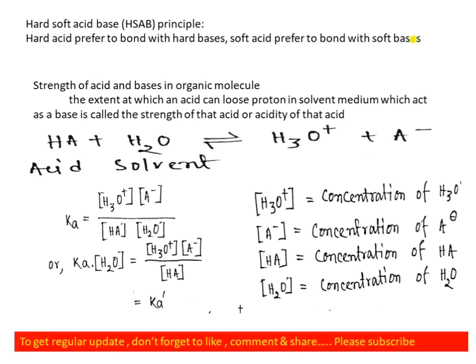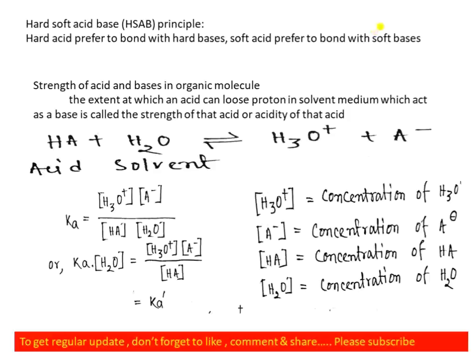The rule for writing Ka is putting the concentration of the product molecules in the numerator and the reactant molecules in the denominator. Here, [H3O+] in square brackets means the concentration of H3O+.